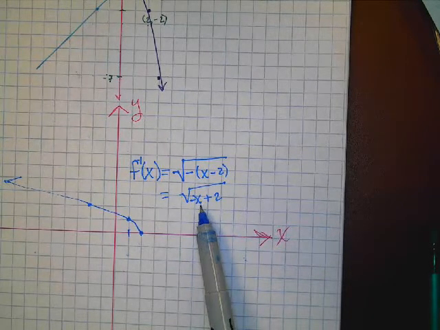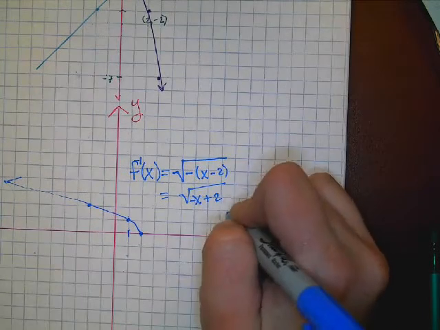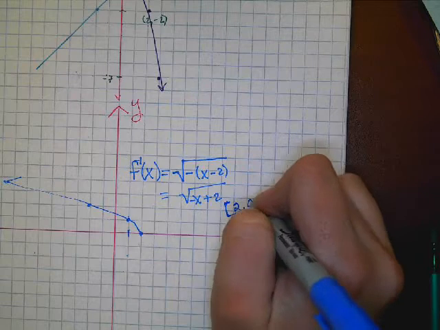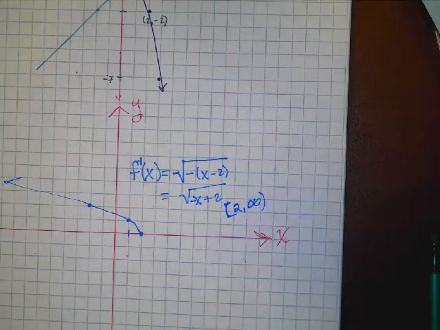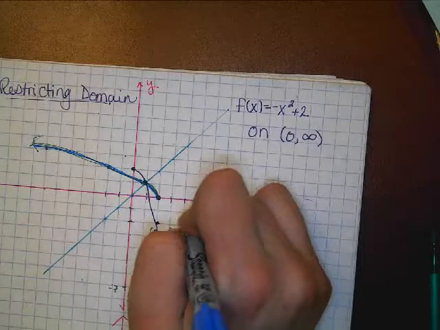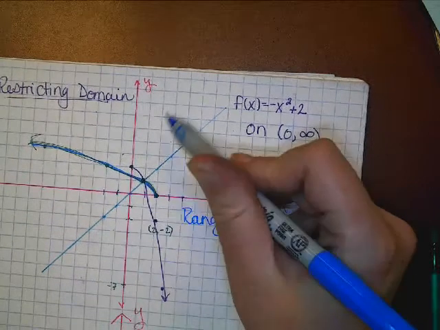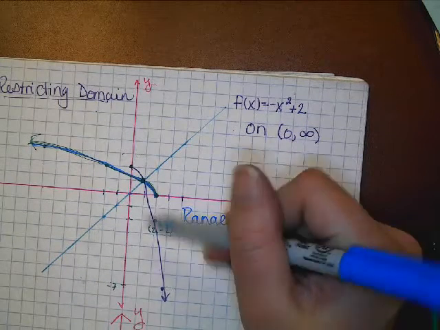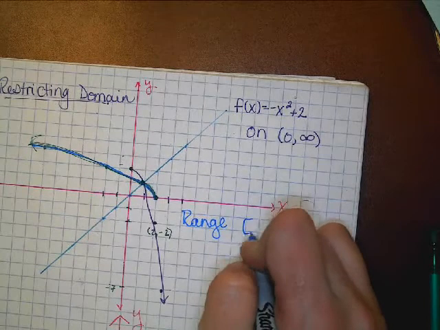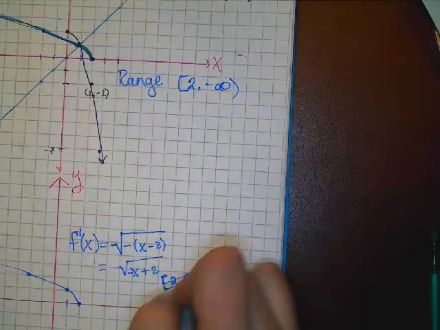So this function is an inverse of this function on the domain 0 to infinity. At any rate, I can't take any numbers bigger than 2, because if I put in 3 here, I'd have an imaginary number. So it only works on the domain from 2 to infinity.